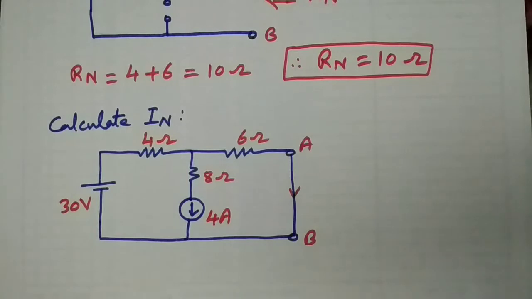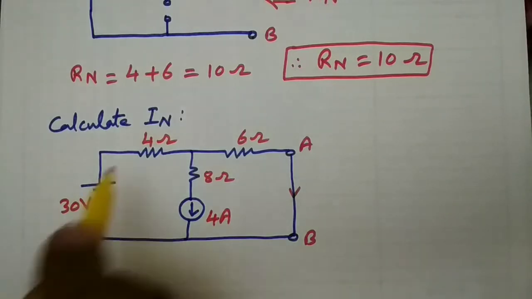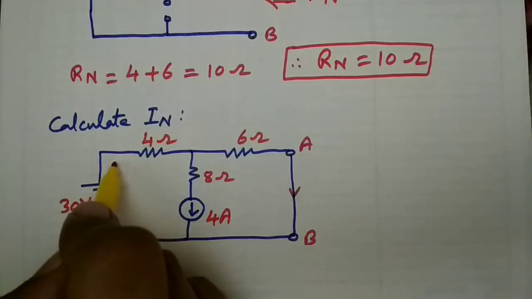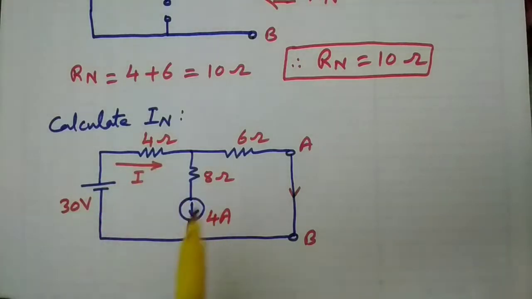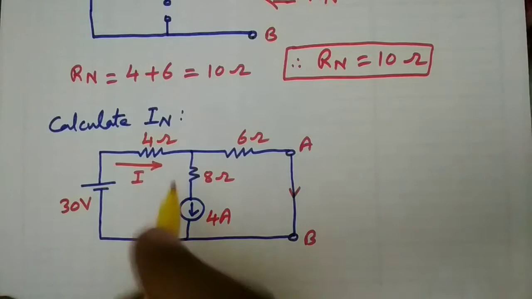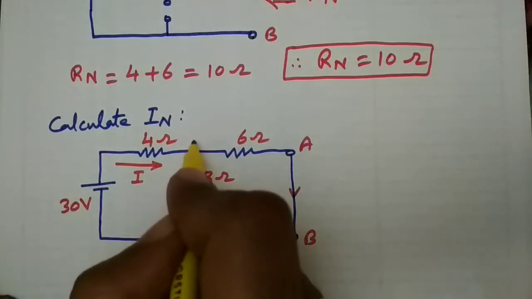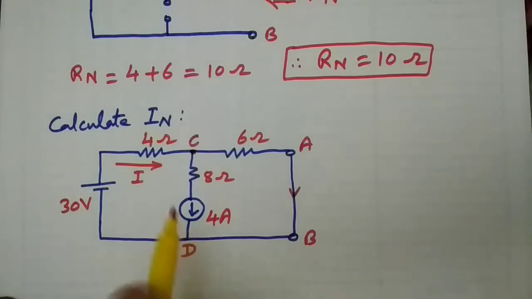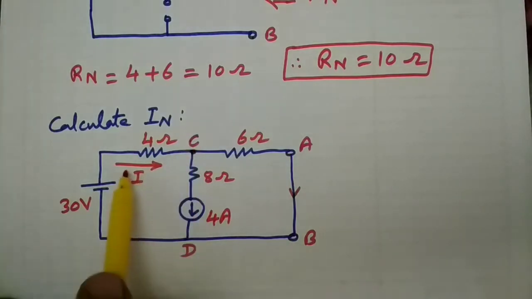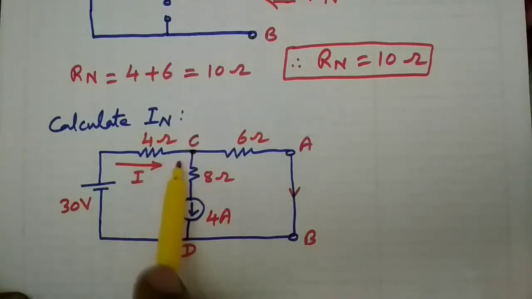Let's consider the current in the 4 ohm resistance to be I. Let's say this node is C and this is D. For node C, I is the incoming current.